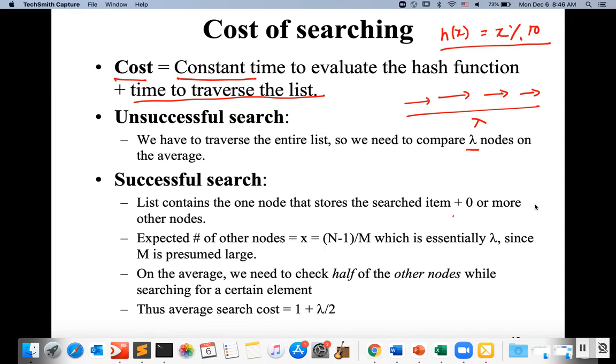The load factor is n divided by m, but (n minus 1) divided by m is almost the same. So on average we have to check half of the nodes while searching for a certain element, and the average search cost will be 1 plus the load factor divided by 2.